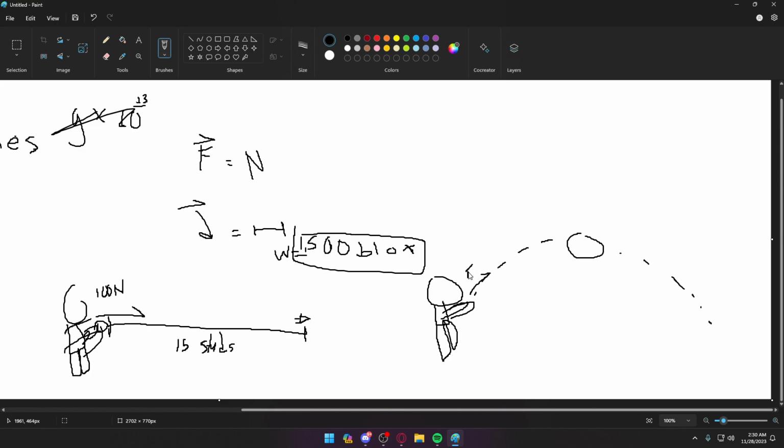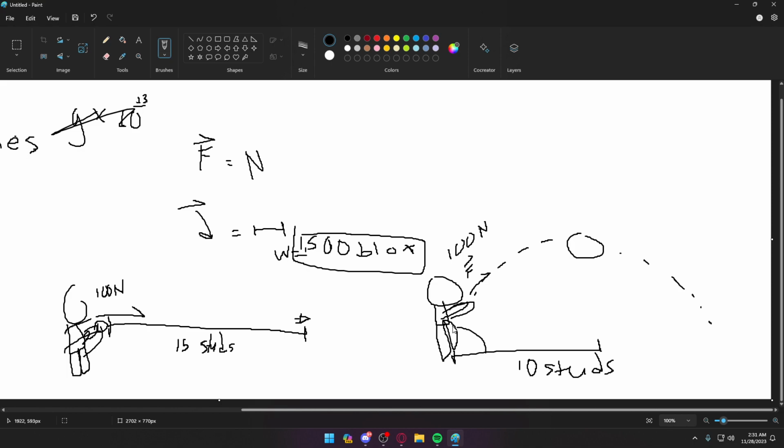The force, your F value, and displacement. So this displacement is right here. We'll say that's 10 studs. The force used, we'll keep it 100 newtons.